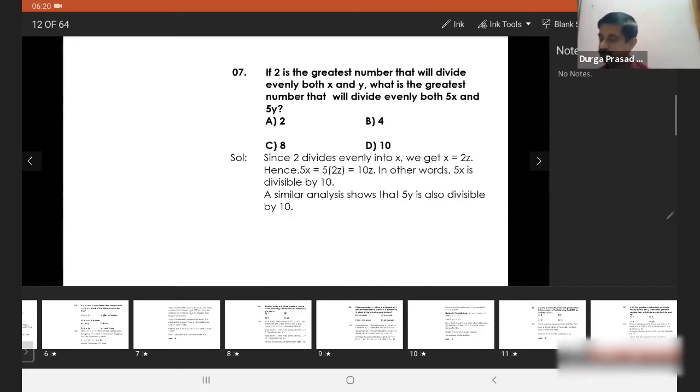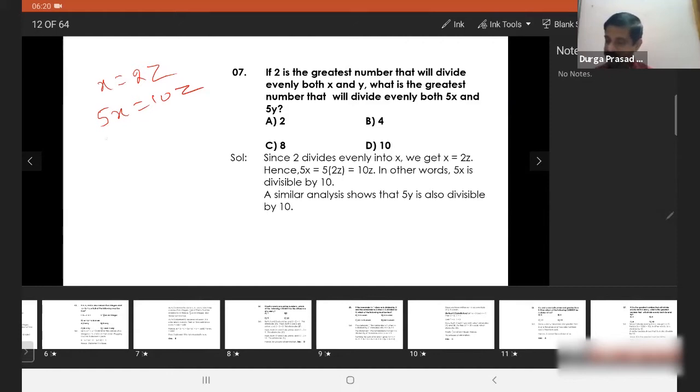Since 2 divides evenly into x, we get x as 2 times something, so let us call it 2z. Now 5x is 10z, or not?